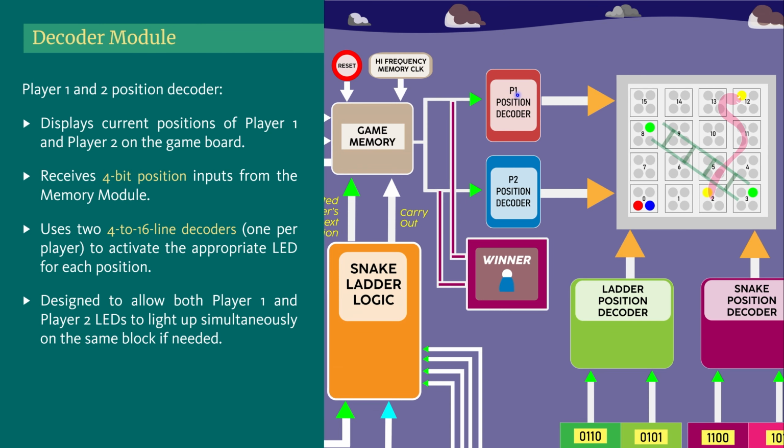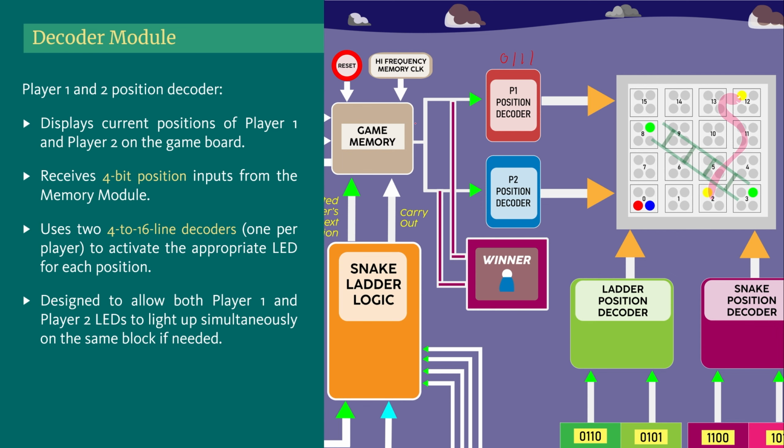You can see you have the player 1 position decoder and player 2 position decoder. I've previously told you the game memory stores the current position of player 1 and player 2, right? So let's say the current position is 0 1 1 1.